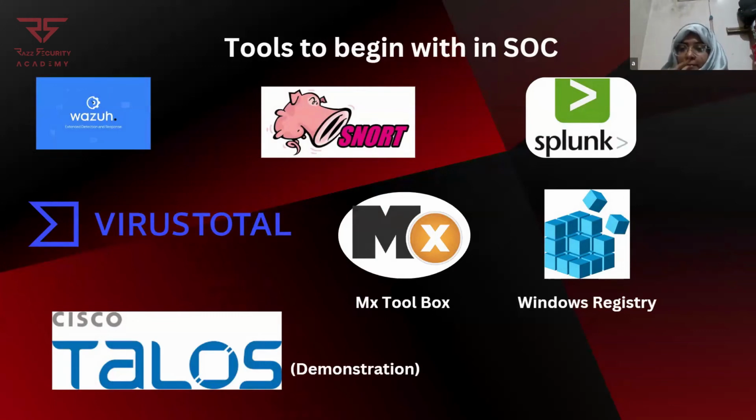And if you are using Windows Defender, we are going to use a different type. Now in this session, I'll be showing where you can find inbound rules and outbound rules and all of that. And we'll have a demonstration on Cisco Talos, which is a cyber threat intelligence tool. And the reason I mentioned the Windows registry is that if you make small changes, everything is recorded in the Windows registry.